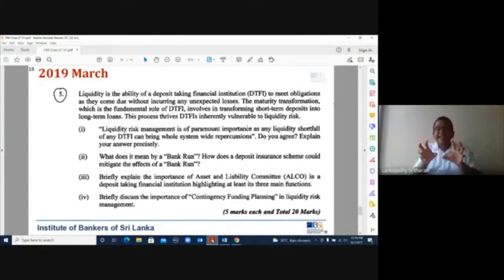So they can easily manage, because if there is any market inefficiency, the contingency funding plan will help the bank sort out the liquidity risk. So that's about the contingency funding plan. I hope you have understood it.